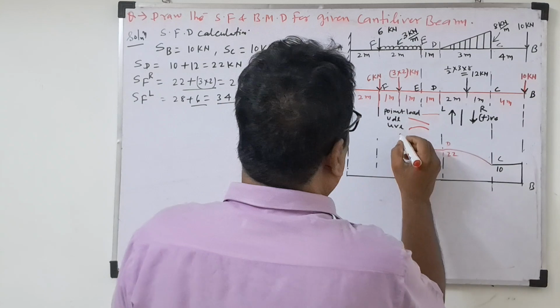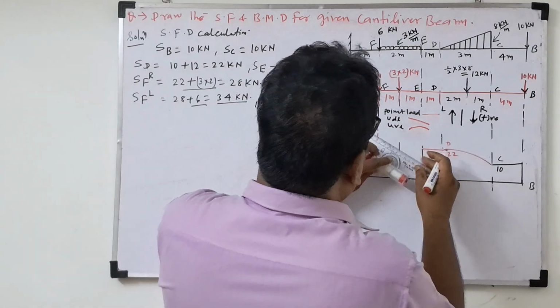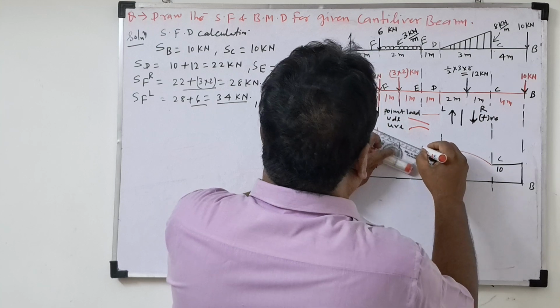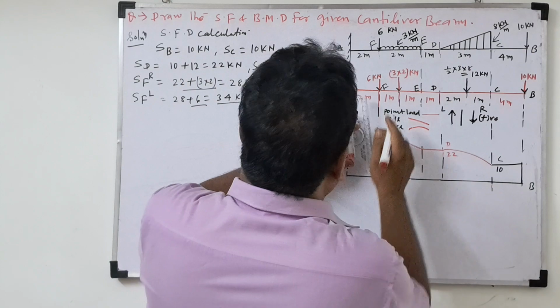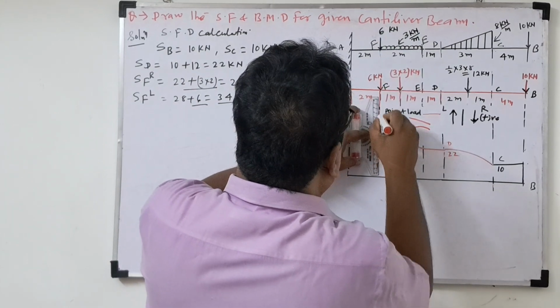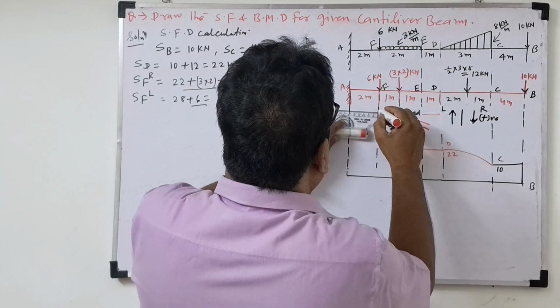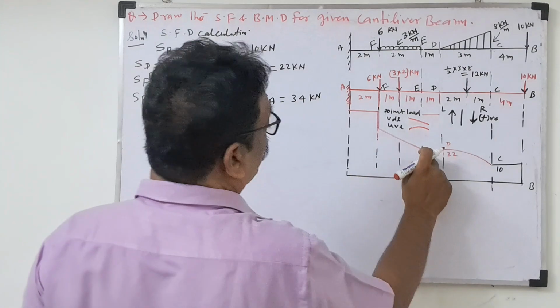Again there will be a UDL, so what will be here? An inclined line. Shear force will be the inclined line. Then here a point load. Point load means a sudden change will be there. Then here no load. So look here, this is 22.